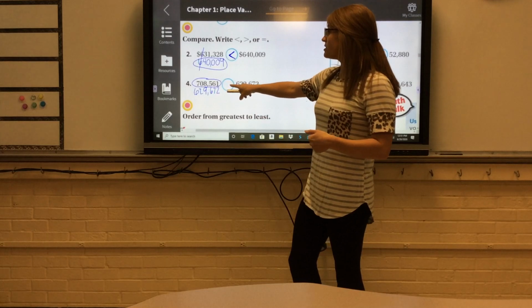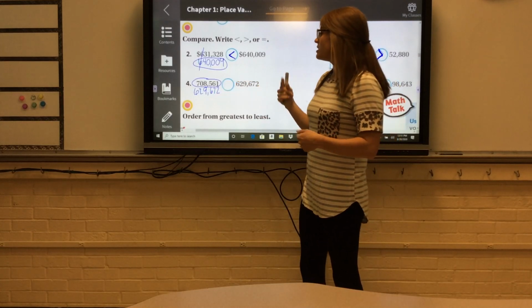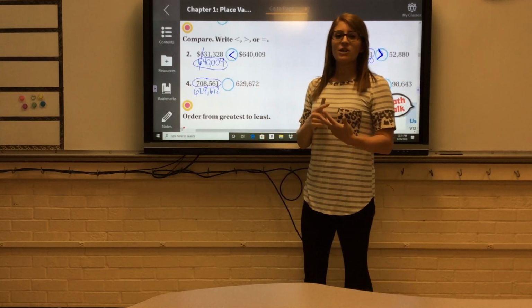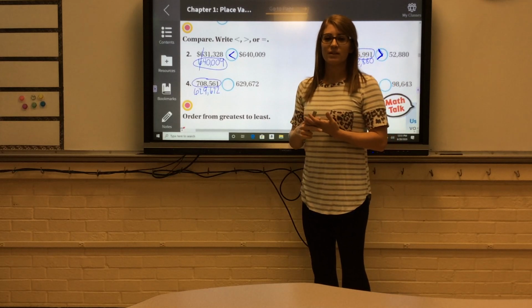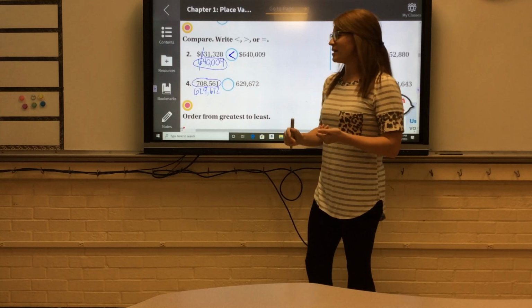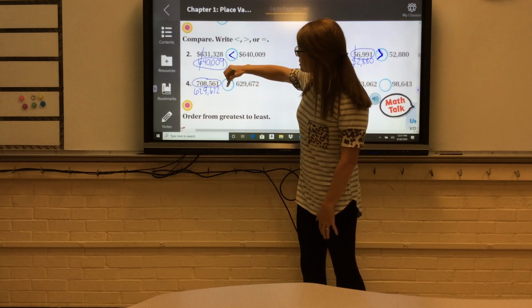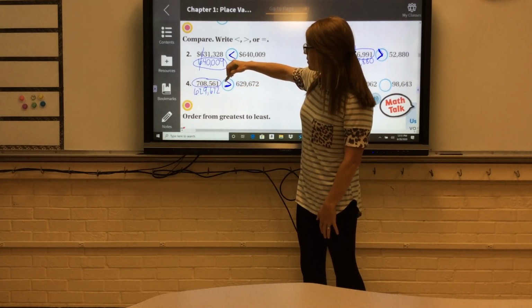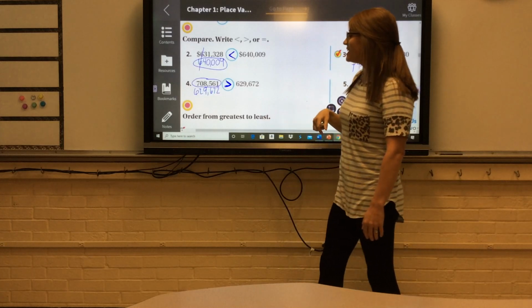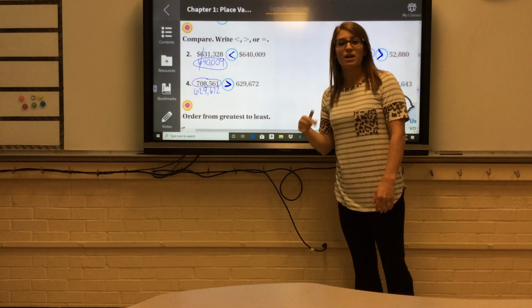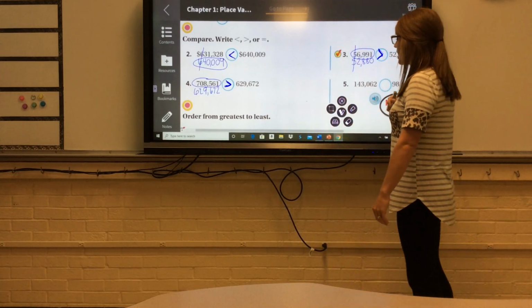So now we've got to place our inequality symbol in here. Is it going to be greater than, less than, or equal to? Exactly, that's going to be a greater than symbol. So it will read 708,561 is greater than 629,672. Great job.